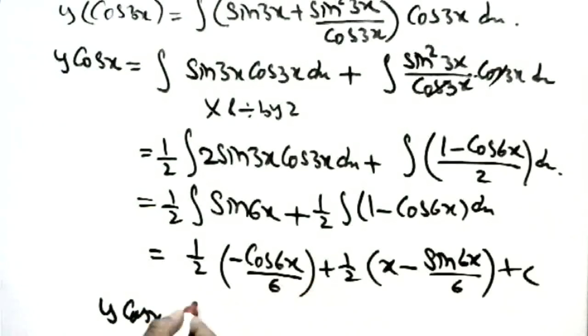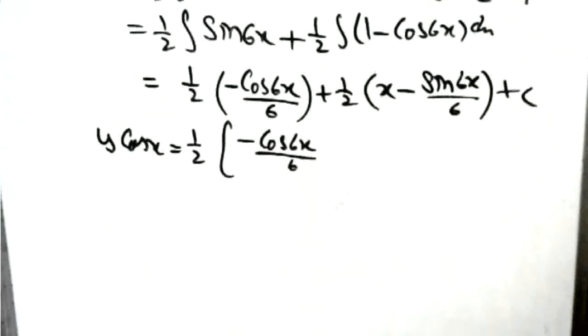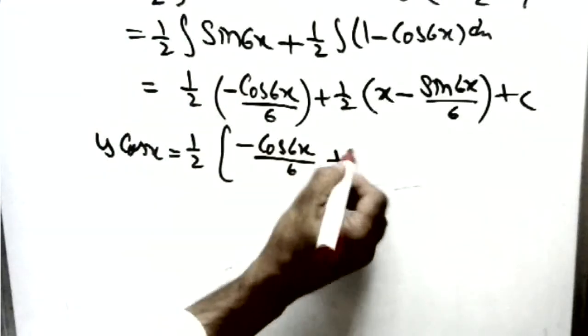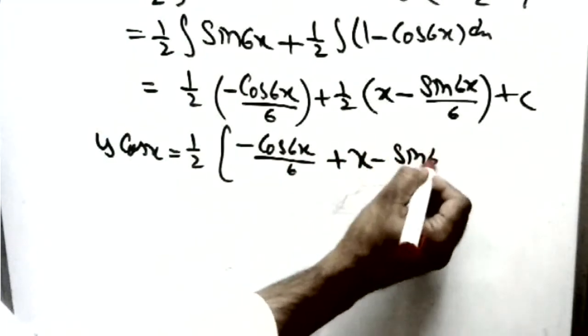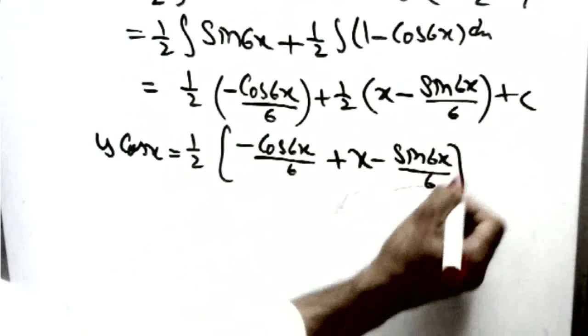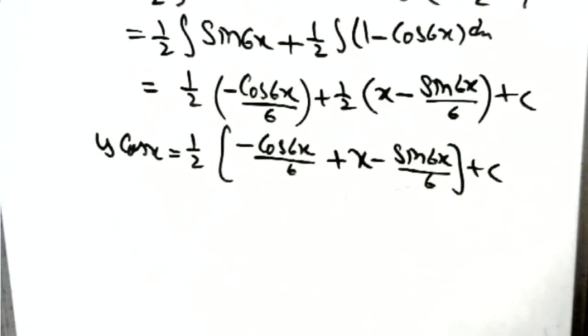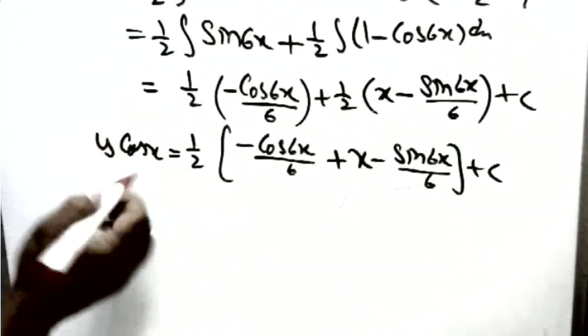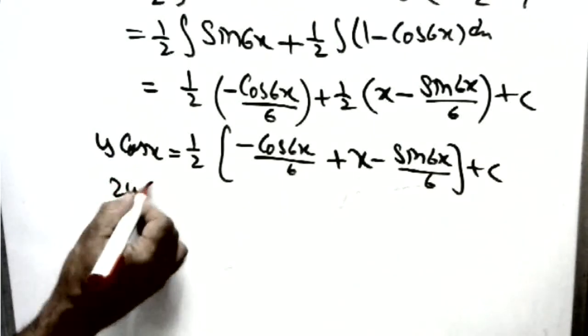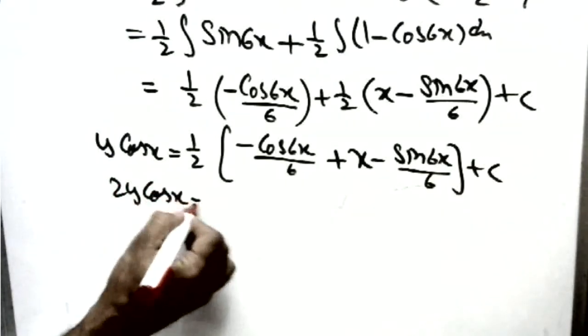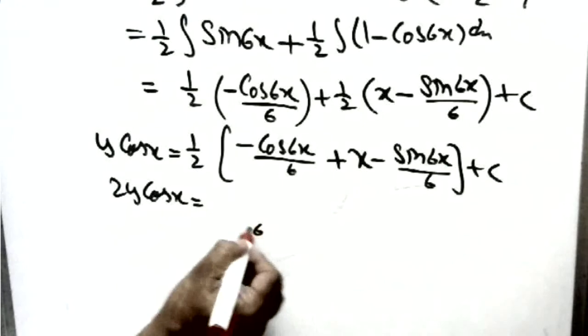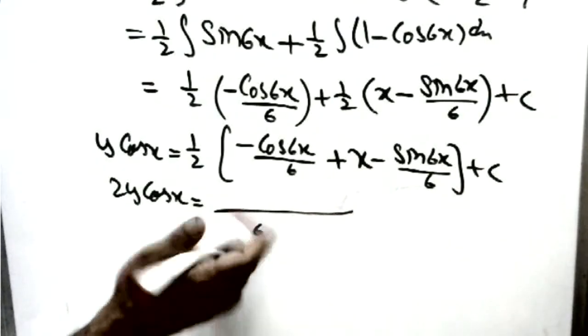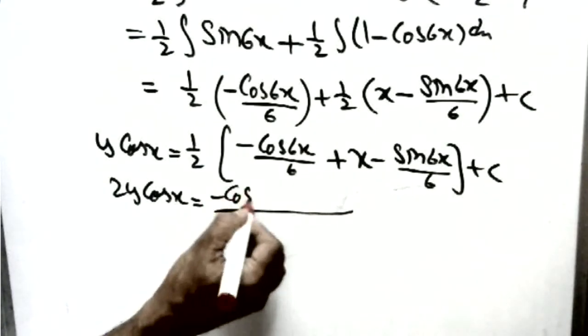y cos 3x equals, let me take 1 by 2 common from both these two. So we are left with minus cos 6x by 6, plus x minus sine 6x by 6, plus c. If we bring this 2 here, we can write it like this also: 2y cos 3x equals, if we take the LCM, we will have the LCM 6.